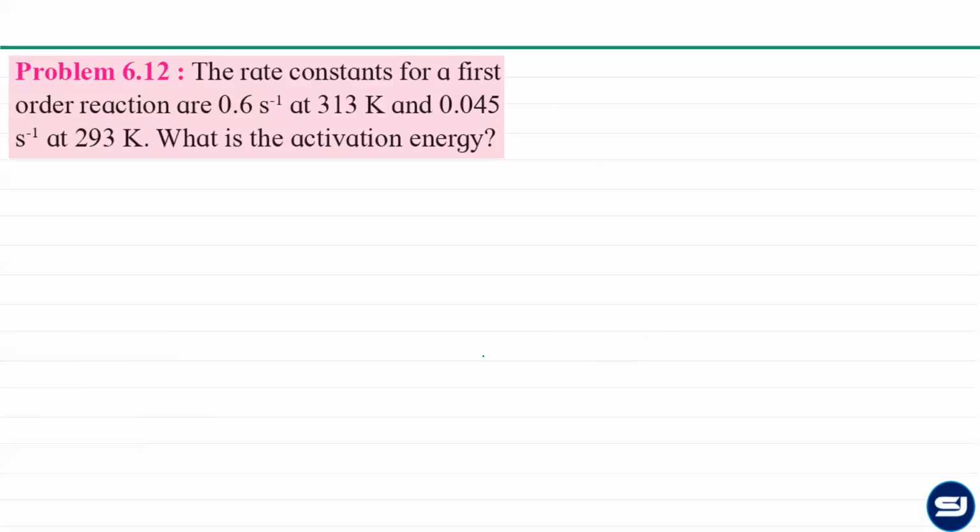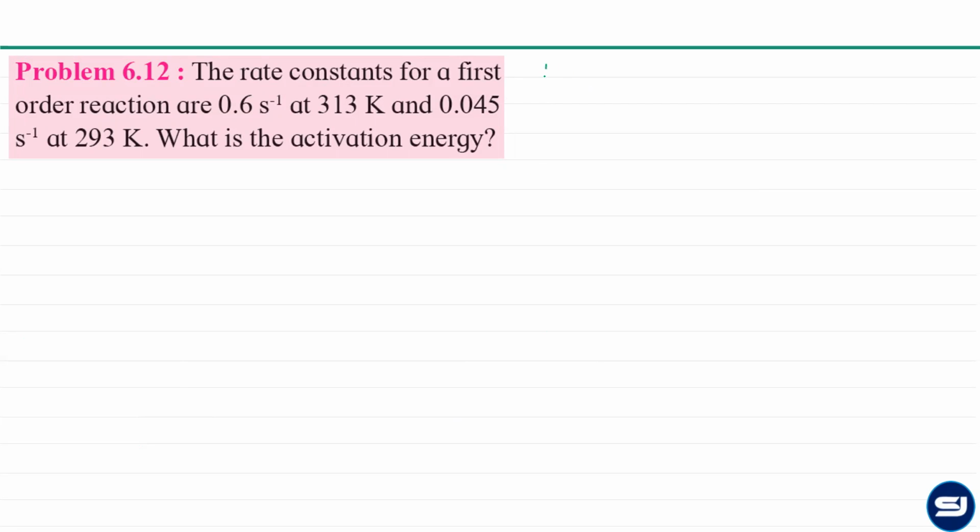Okay, now comes the third category of numericals, which is related to the Arrhenius equation. The Arrhenius equation relates the activation energy and temperature, and the temperature dependence of the reaction rates.